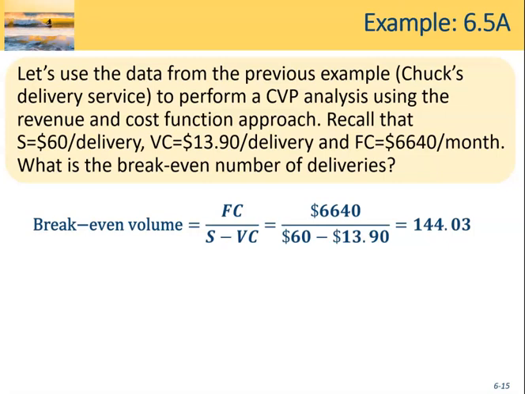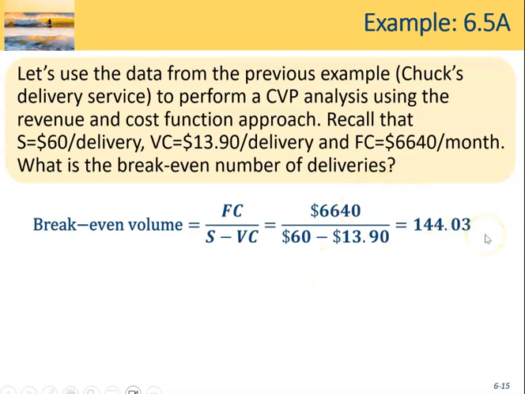Okay, so we solve for our bottom, which is $46.10. So that's our fixed cost of $66.40 divided by $46.10, and that gives us 144.03 deliveries, or 144 deliveries in total to cover all of our costs.